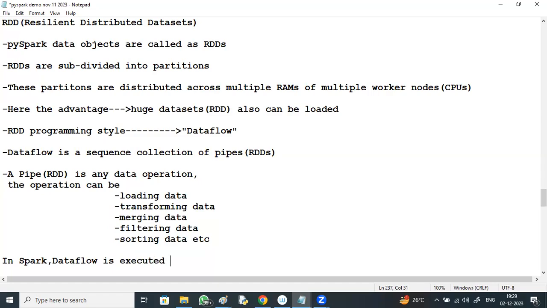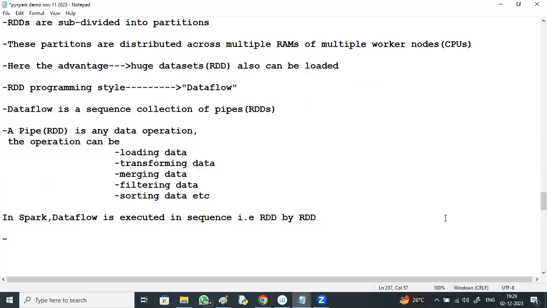In Spark, data flow is executed in sequence, that is RDD by RDD, one after the other. Why? RDD by RDD: the first RDD output will be the input to the second RDD, right? So both cannot execute in parallel.